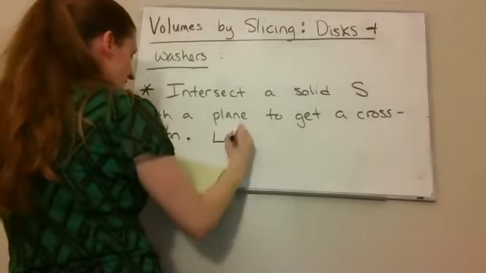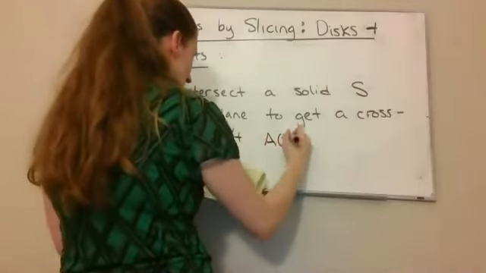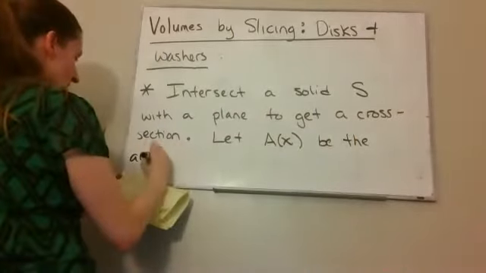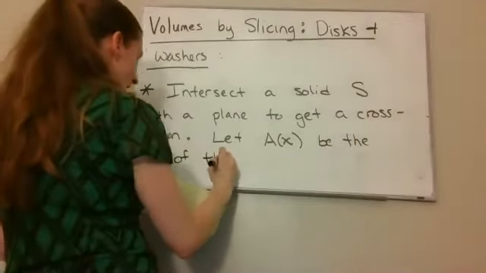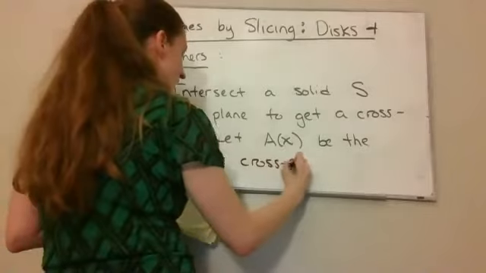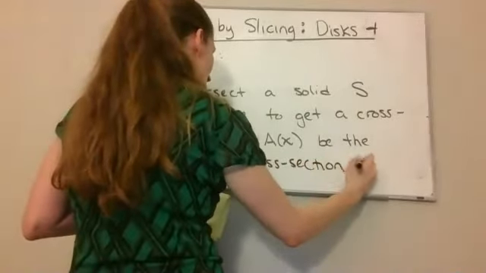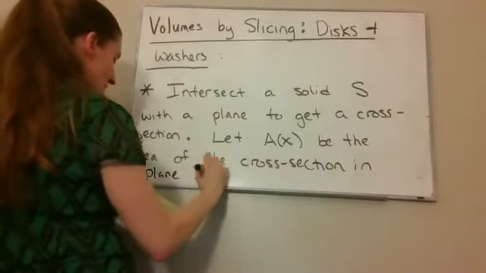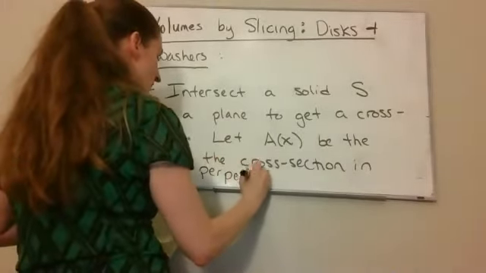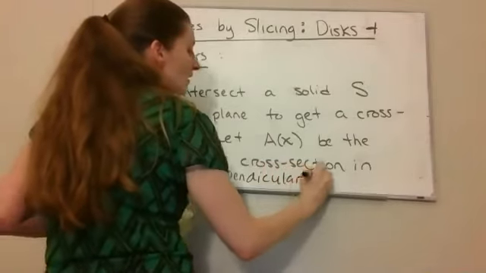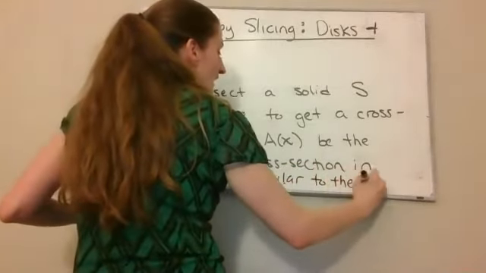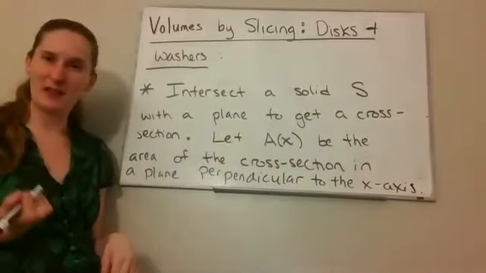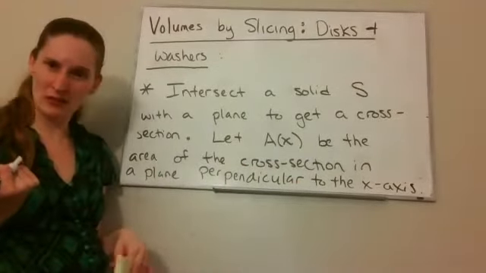And then we're going to let A of x be the area of the cross section in a plane perpendicular to the x-axis. And right about now, I can already hear you on the other end saying, what in the world are you talking about?